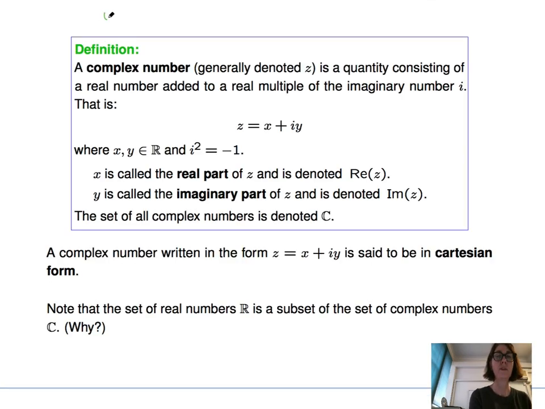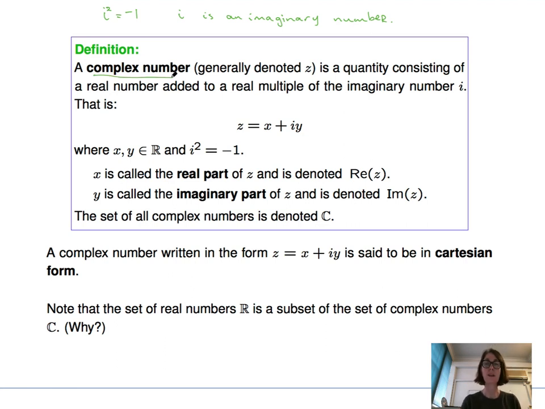So we have already the definition of an imaginary number i that has the property that i squared is equal to minus 1. So i is an imaginary number, and we're going to use that in the definition of a complex number.